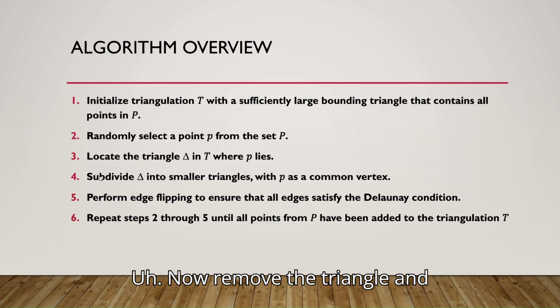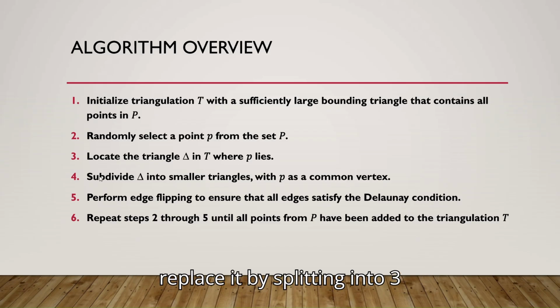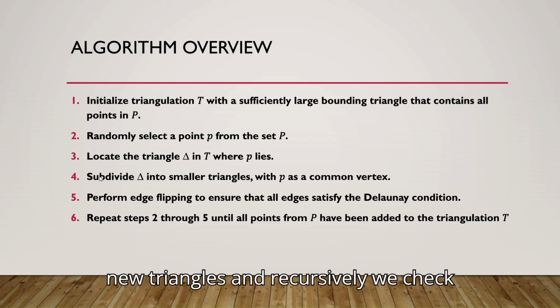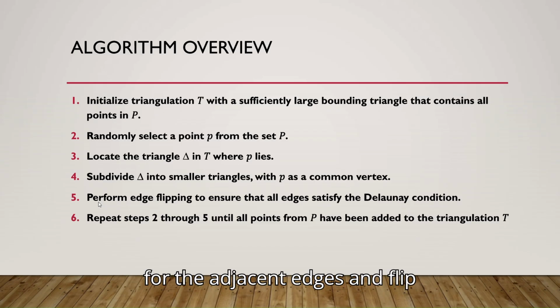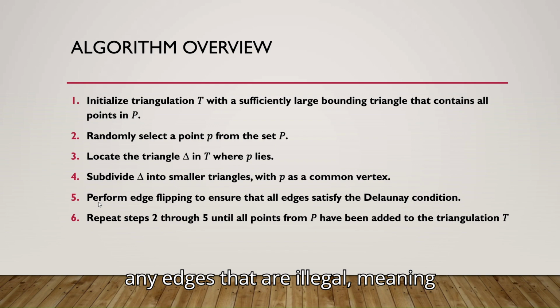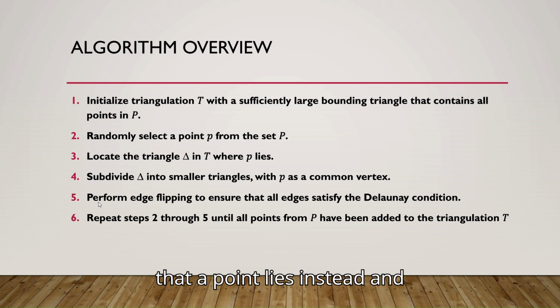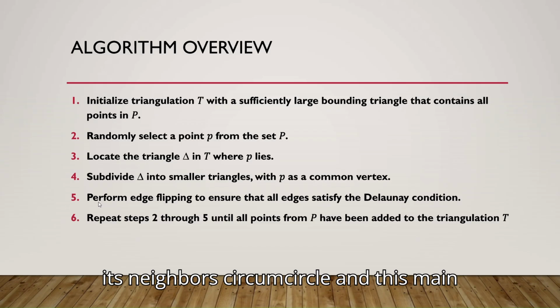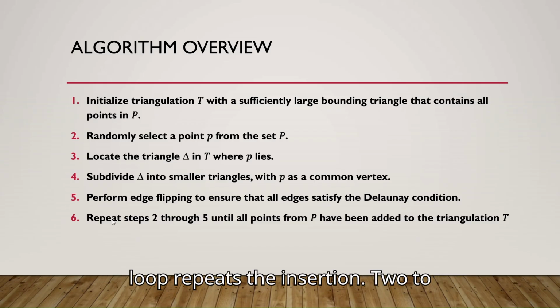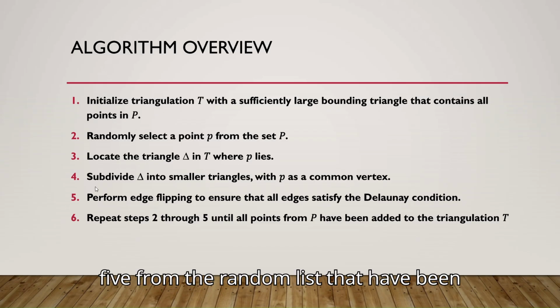Now remove the triangle and replace it by splitting into three new triangles, and recursively we check the adjacent edges and flip any edges that are illegal, meaning that a point lies inside its neighbor's circumcircle. And this main loop repeats the insertion steps 2 to 5 for the points from the random list that have been added.